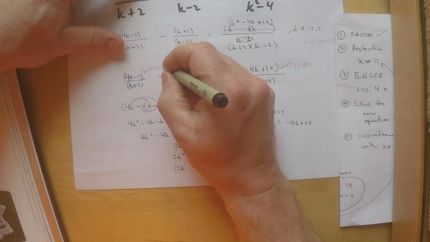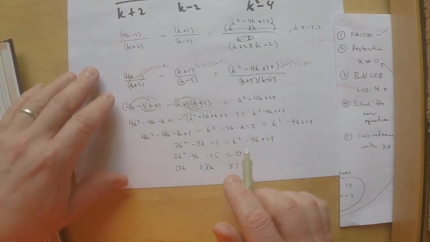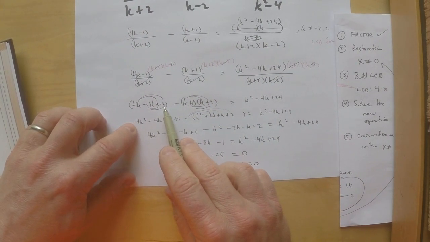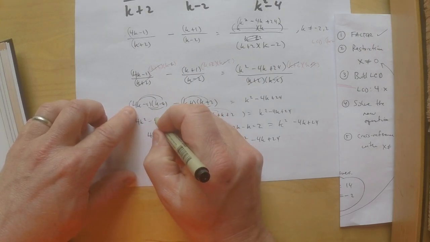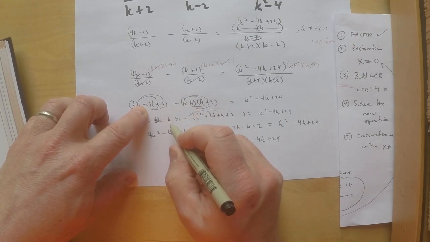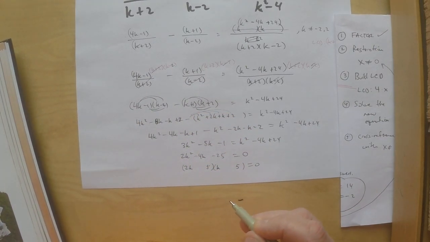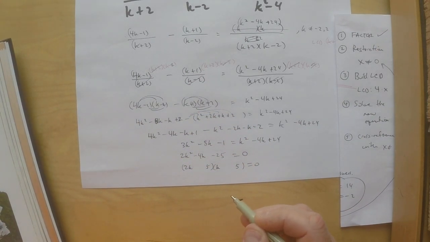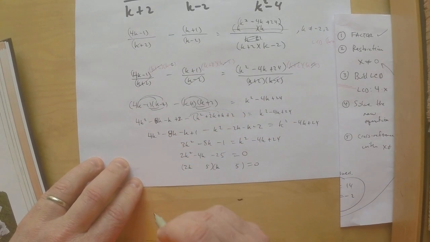This was a k minus 2 here, which made this a k minus 2. Which then upon doing that, this is 4k squared. This is a minus 8k. And a plus 2. And then upon doing that, this was minus 8.